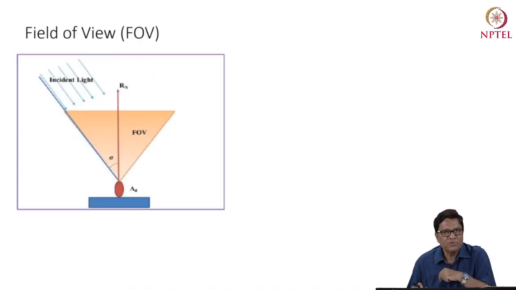Another important thing which we'll use quite frequently while finding the power collected by the photodiode is the field of view. Each photodiode has a certain field of view. The light falling in this cone, which is actually a solid angle, so you have to visualize this in 3 dimensions, will get absorbed and converted into electrical current.